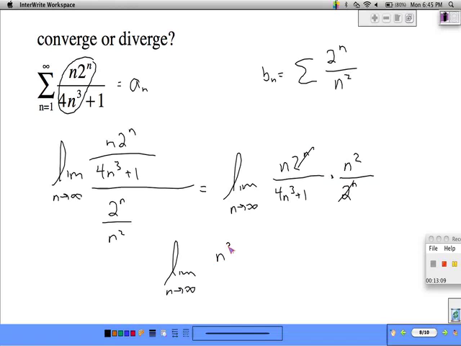I have n cubed over 4n cubed plus 1. This is equal to 1/4, which is a finite positive number. So my series a sub n will do the same thing as b sub n. But the question is, what does b sub n do?